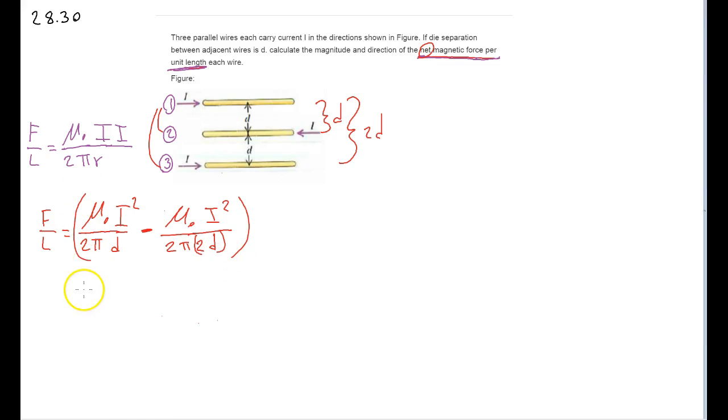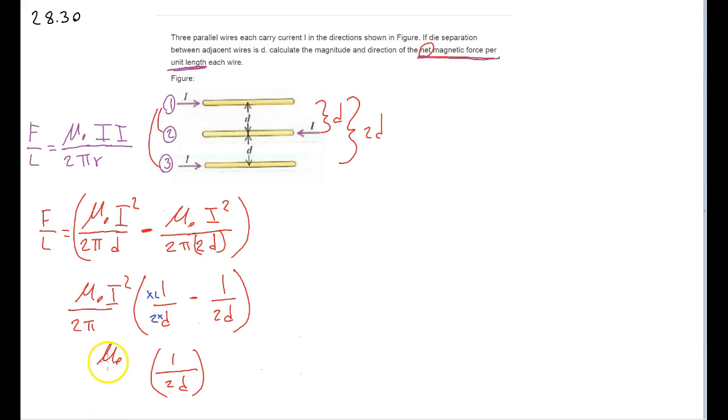And we can factor the mu sub naught over 2 pi and the current squared. We get 1 over D minus 1 over 2D, and it will multiply times 2 times 2. We get 2 minus 1 is equal to 1 over 2D.